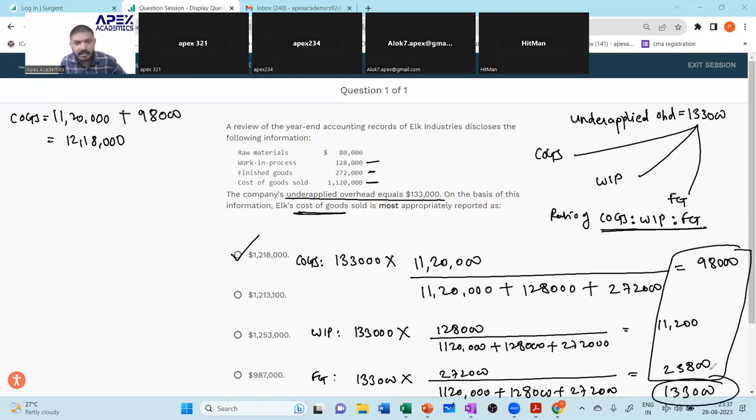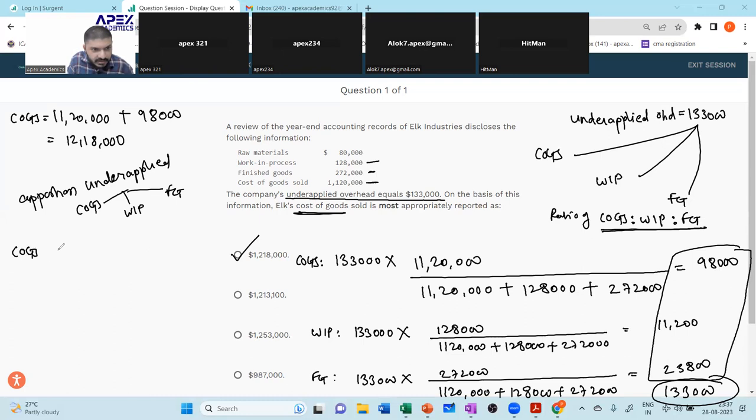It is not a miracle. You just have to apportion the under applied to COGS, WIP and finished goods. So what will go to COGS? It will be under applied multiplied by COGS upon COGS plus WIP plus FG.